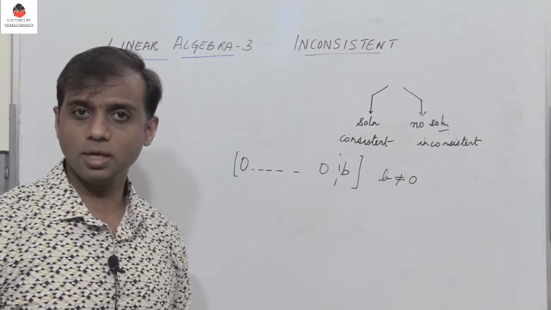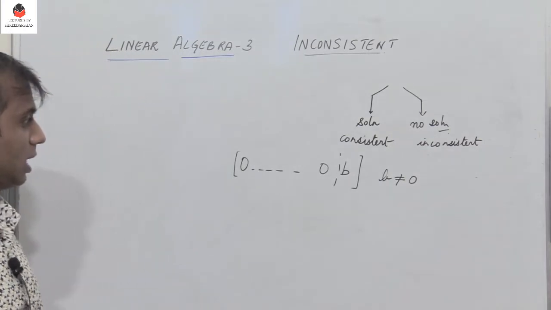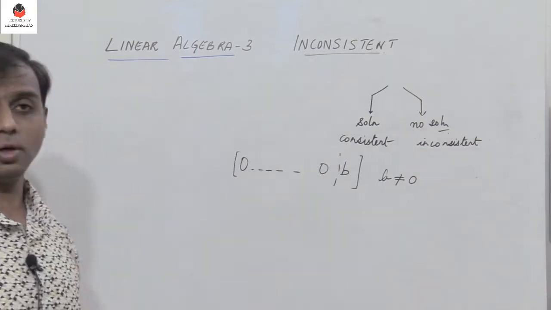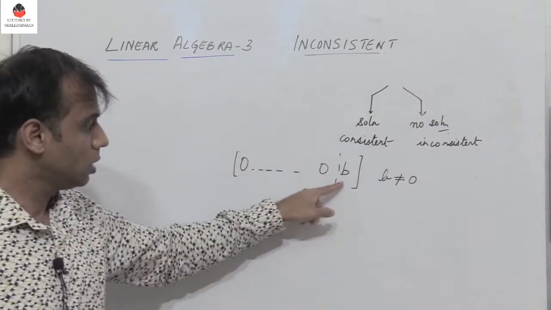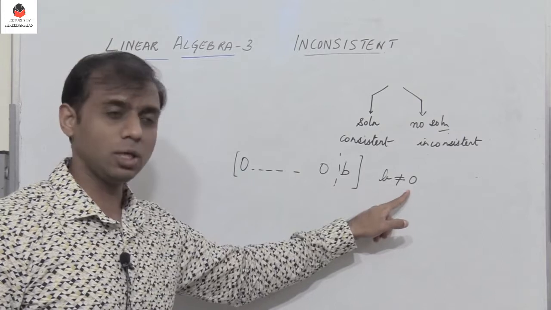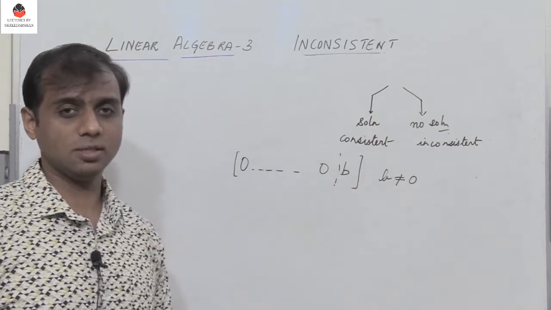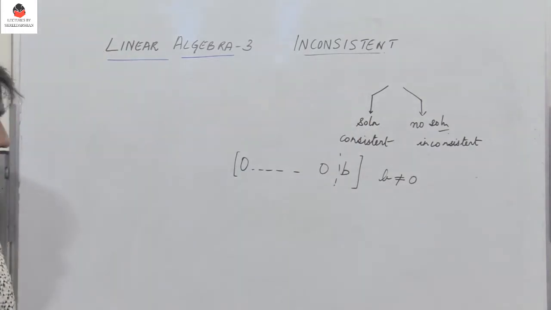Now let's take a few examples and we shall observe that if the last row of the augmented matrix is of this form, zeros and b, where b is not equal to 0, then no solution exists, or the system of linear equations are inconsistent.